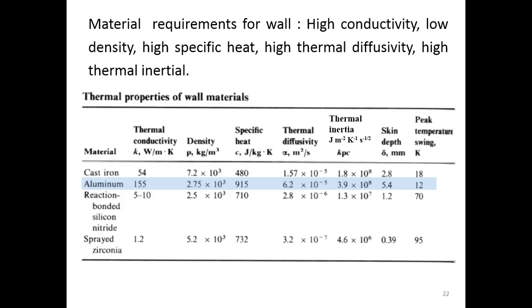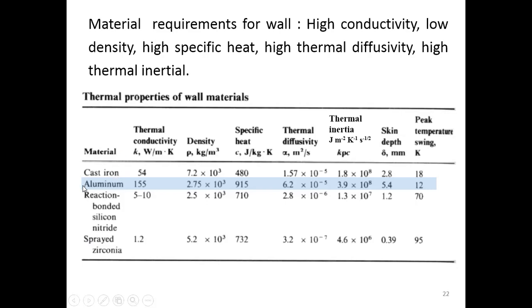It has to have high conductivity, low density, high specific heat, high thermal diffusivity, high thermal energy. So look at the thermal properties of the wall material here. We have cast iron, aluminum, reaction-bonded silicon nitride, and zirconia. All of these are considered as materials for our wall.